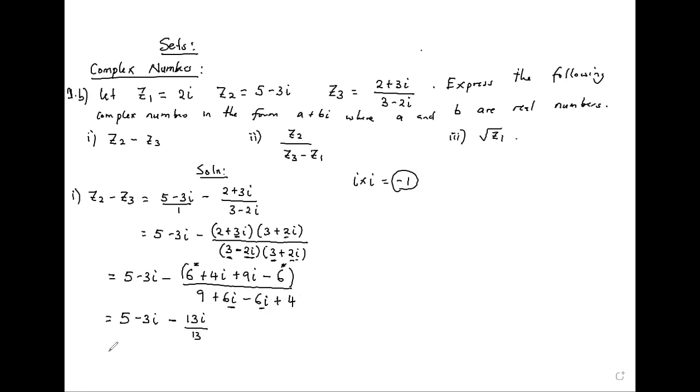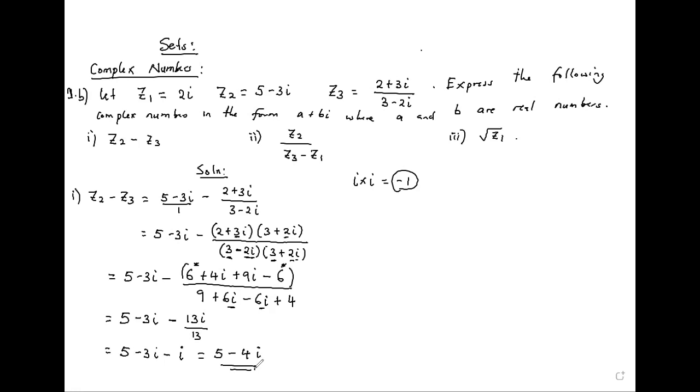So this whole thing is just 5 minus 3i minus 13i over 13, we get 1i, which is the same thing as i. Simplified to 5 minus 4i. This is the solution.